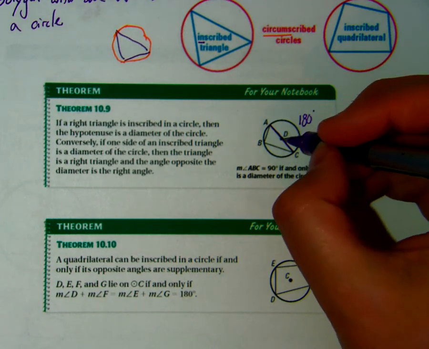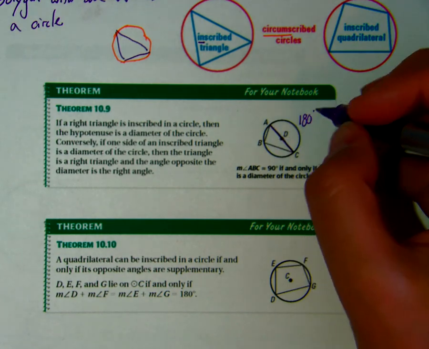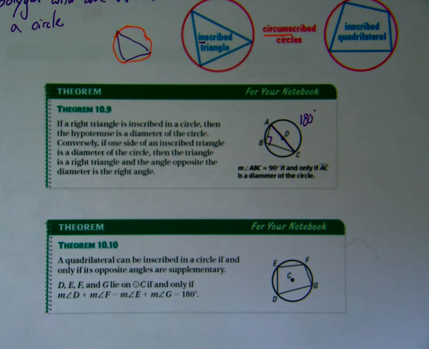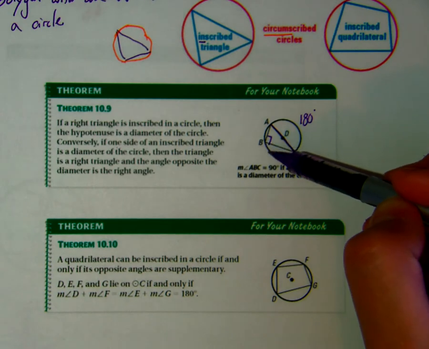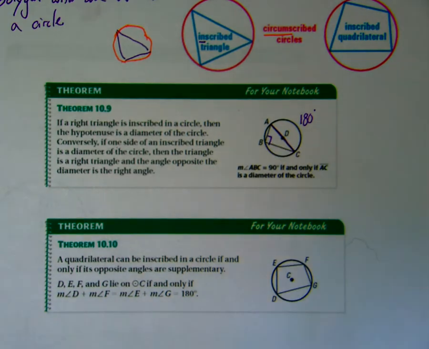So the angle that intercepts that arc will always be half of 180, which means it'll always be a right angle. So when you're doing constructions, if you have the diameter of a circle, you can literally draw the vertex anywhere on the circle, and it will be 90 degrees. That's a way of guaranteeing that you will get a right triangle.